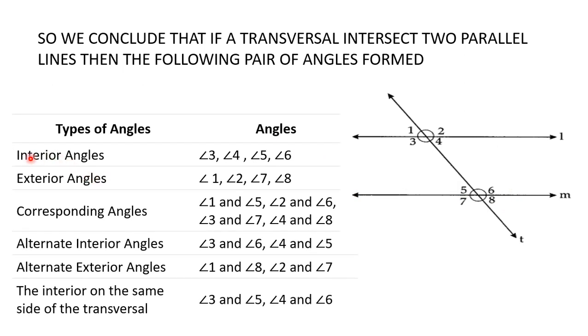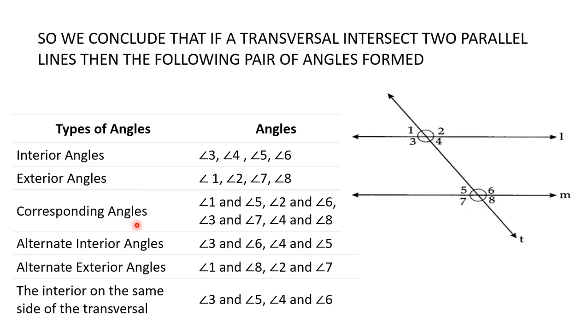First of all, interior angles, the angles which are inside the parallel lines. Angle number 3, 4, 5 and 6 are the interior angles. Then the exterior angles, angle number 1, 2, 7 and 8.